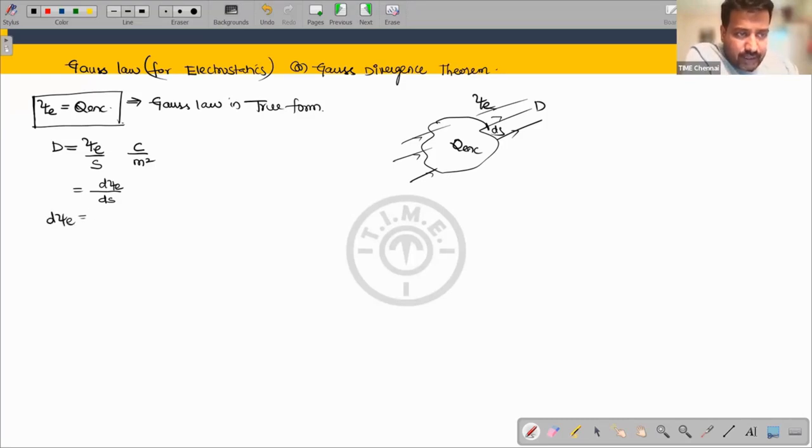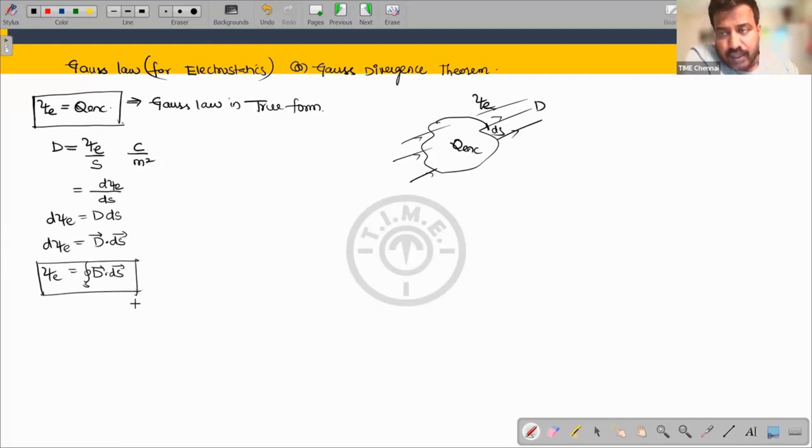From this, d psi e is D into ds in scalar notation. Vector notation, d psi e is D dot ds. From this, psi e is closed surface integral D dot ds. This is how you relate electric flux to flux density.